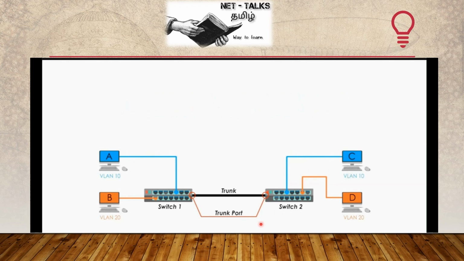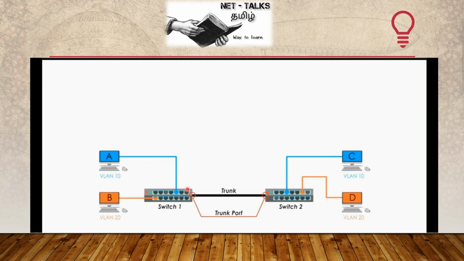The trunk is used to carry multiple VLAN traffic between devices, switch to switch or switch to router. Switch to router is the router on a stick concept to enable inter-VLAN routing. If I want to communicate between VLAN 10 and VLAN 20, I need a router. On the router, I need to connect one port, and that port should be enabled with a trunk.